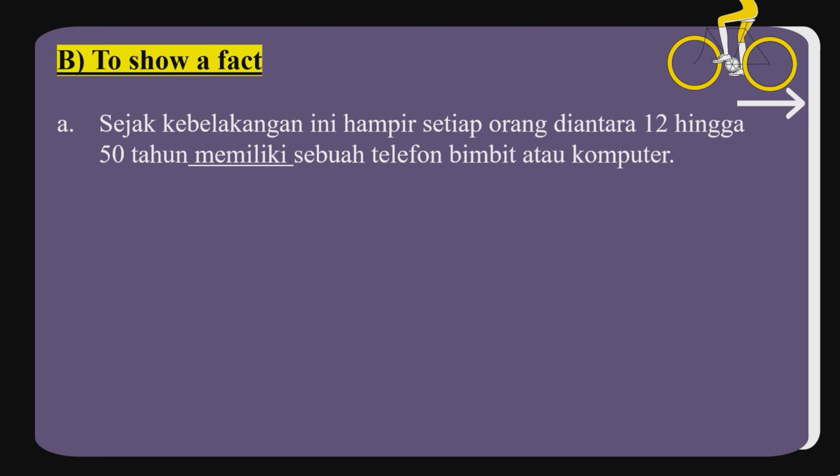Own or owns. What? A handphone, or a mobile phone, or a computer. Full stop. So if you read your sentence again, you find that you are writing the subject first.